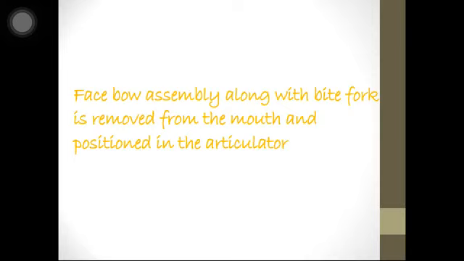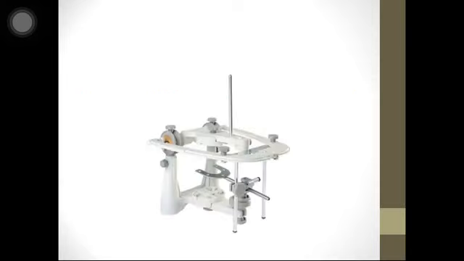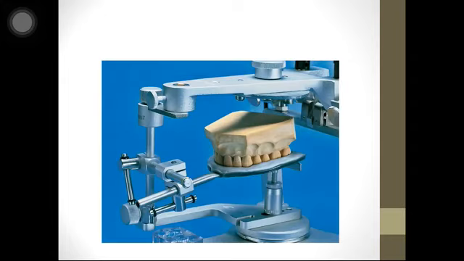The face bow assembly along with the bite fork is removed from the mouth and positioned in the articulator. This is the U-shaped frame. This is the point where the external auditory meatus record rods are joined over the articulator, and then the maxillary arch is attached to the upper member of the articulator.